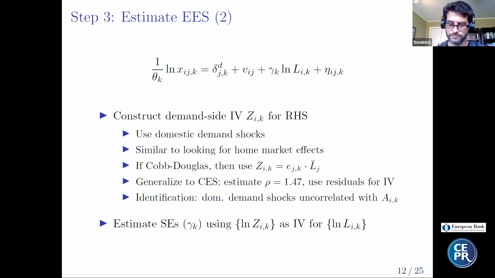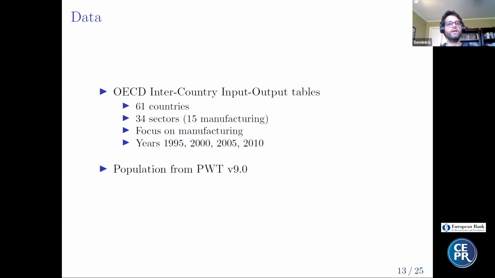Thank you. Okay, so the data: we use the OECD inter-country input-output tables with 61 countries and 34 sectors. We're going to focus on the 15 manufacturing sectors, and we're going to use the data years 1995, 2000, 2005, and 2010. I should say that the estimation is essentially cross-sectional.